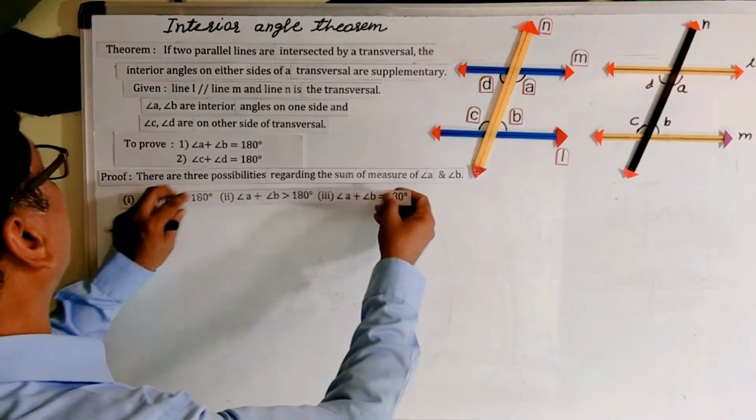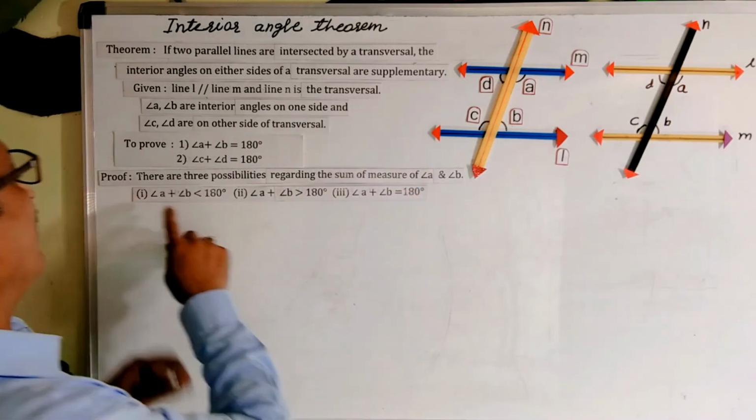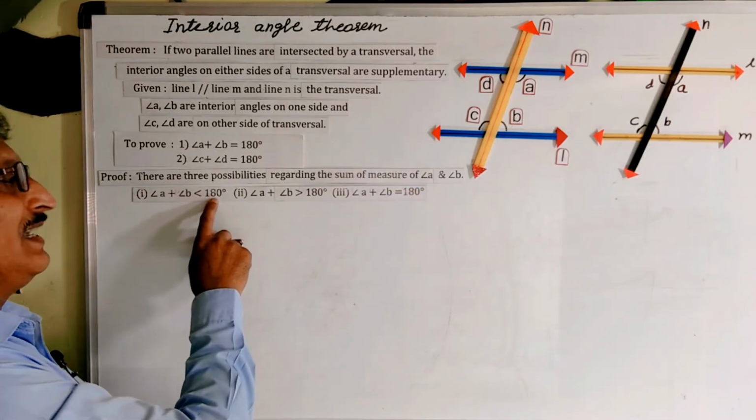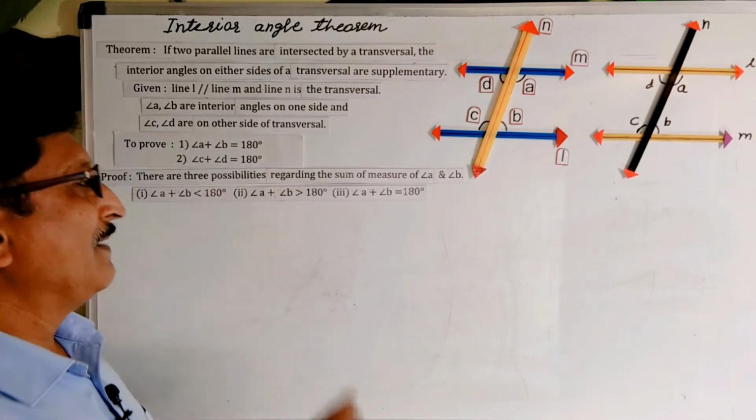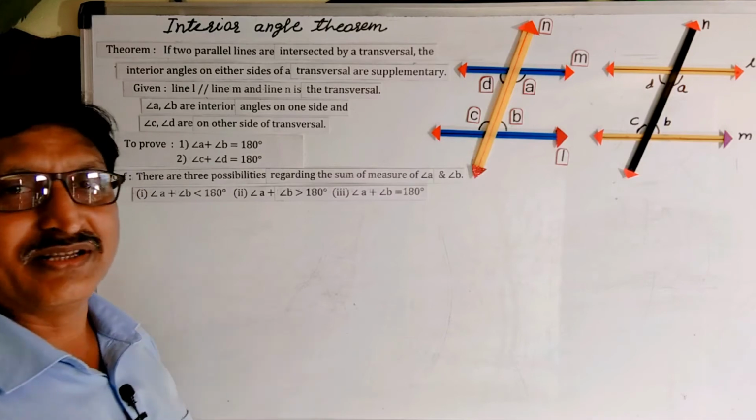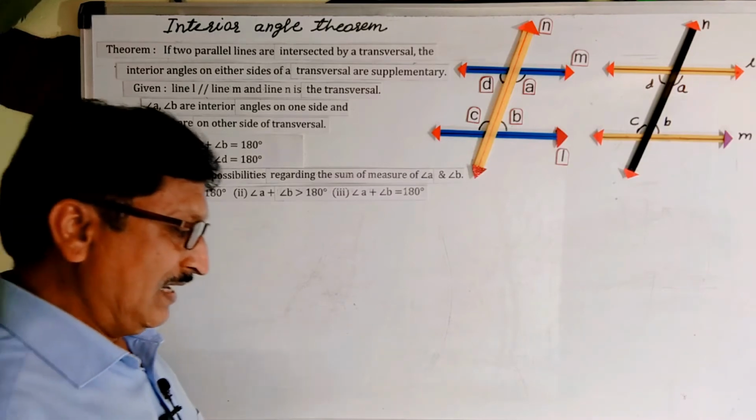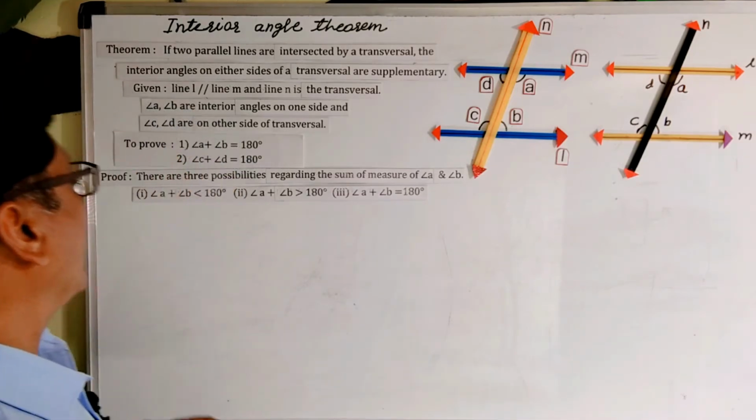The first possibility is that A plus B is less than 180 degrees. Second possibility is A plus B is greater than 180 degrees, and third possibility is that A plus B is equal to 180 degrees.